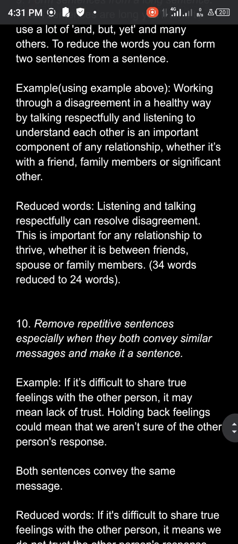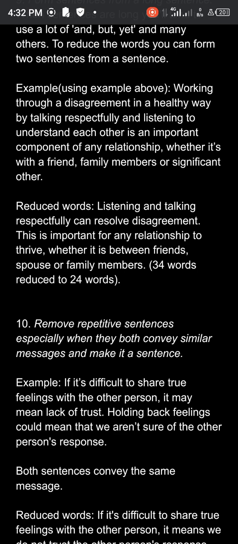This is one sentence. Now I want to cut it short to make it 2 sentences. Listening and talking respectfully can resolve disagreement. Full stop. That's one sentence. This is important for any relationship to thrive, whether it is between friends, spouse, or family members.